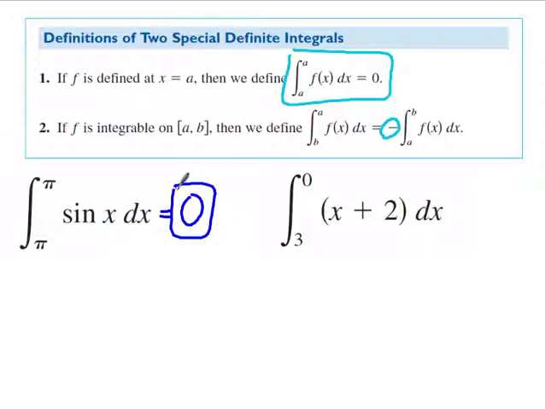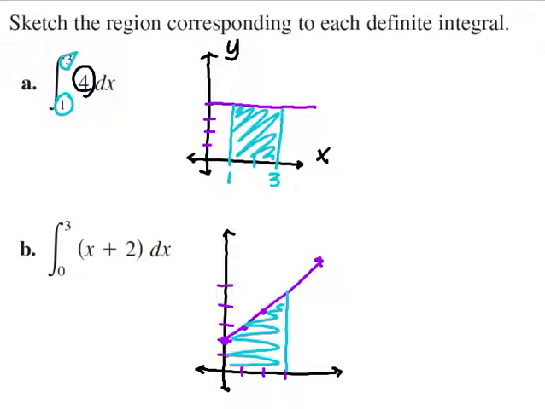This next one is actually real similar to one of the problems we just looked at. We just looked at from 0 to 3 of x plus 2, and we actually looked at that 2 slides back. So if I go back here, this is the one I'm looking at at the bottom. To find the area, there's 2 ways. I can find the area of the trapezoid, or I can break this into things that I know.